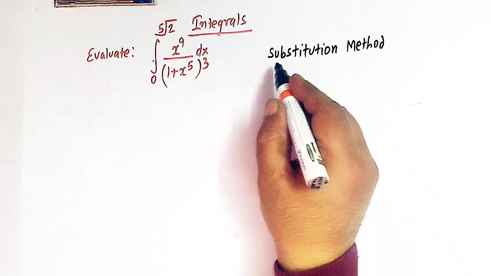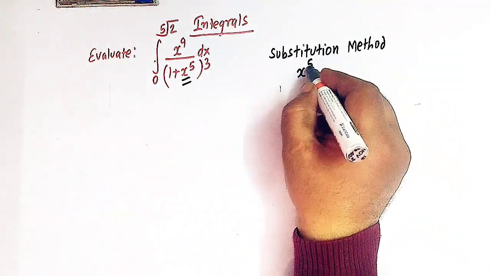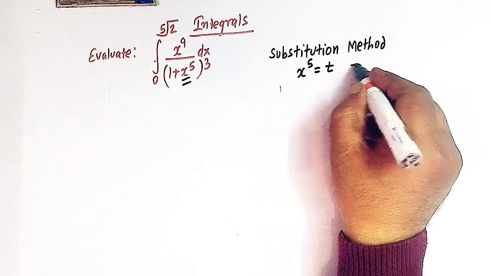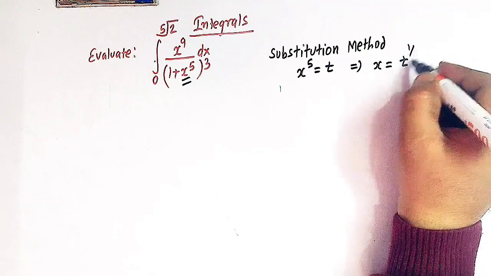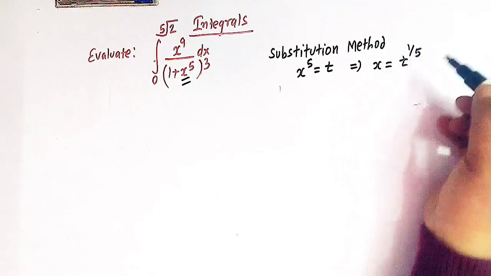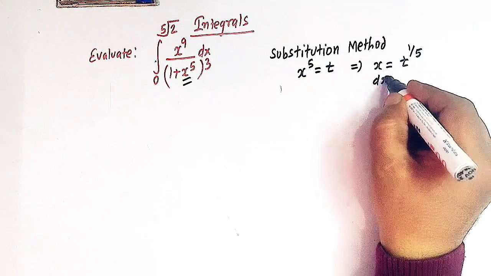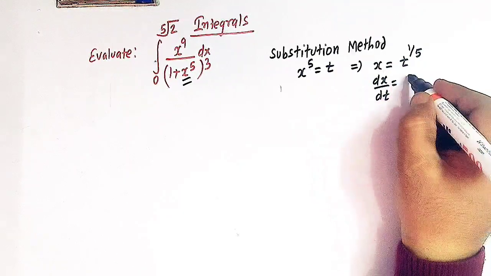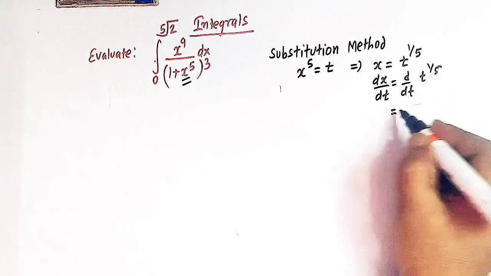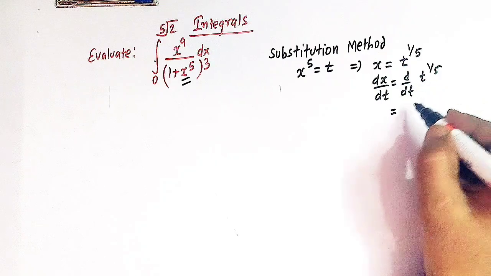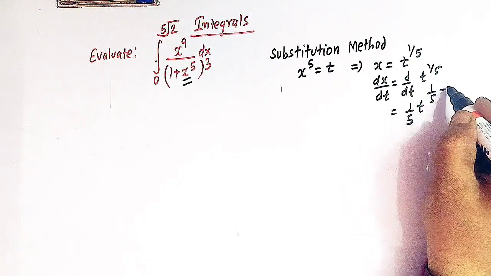So here we'll make use of the method of substitution and we'll take x raised to 5 is equal to t, such that we can write x is equal to the fifth root of t, that is t raised to 1 by 5. Now let us differentiate x with respect to t. So we have dx over dt is equal to the derivative of t raised to 1 by 5, and using the power rule for differentiation, we have 1 over 5 t raised to 1 over 5 minus 1.